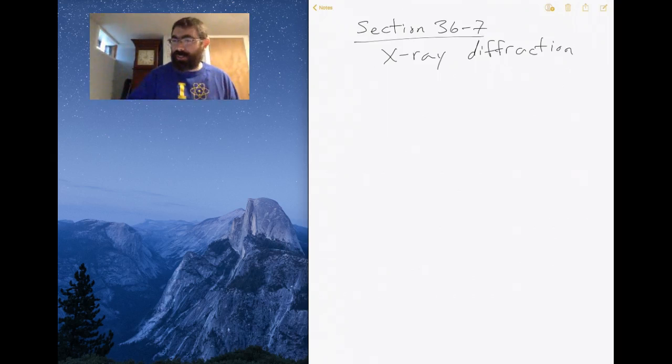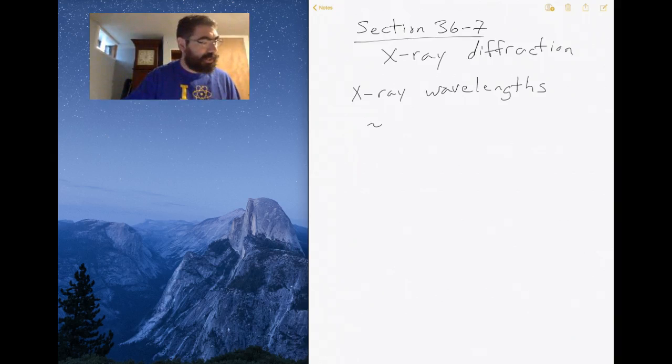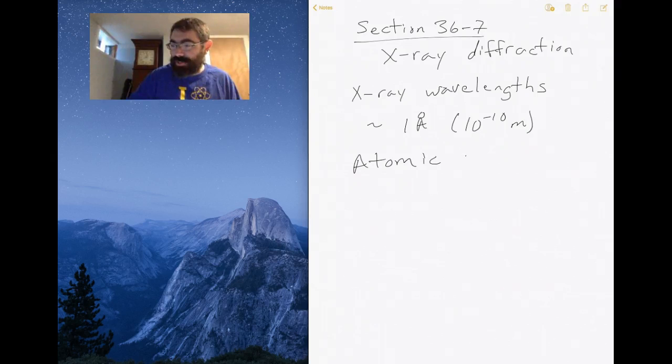So X-ray wavelengths are on the order of 1 angstrom. The unit is A with a little circle on top, which works out to be about 10 to the minus 10 meters, which is on the atomic scale.